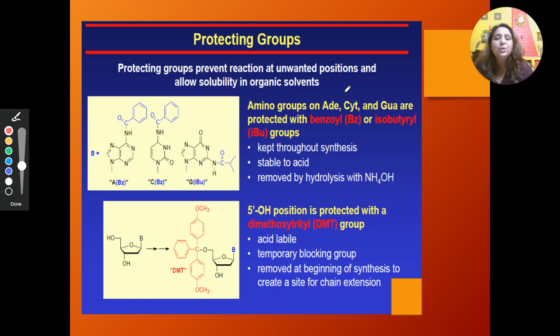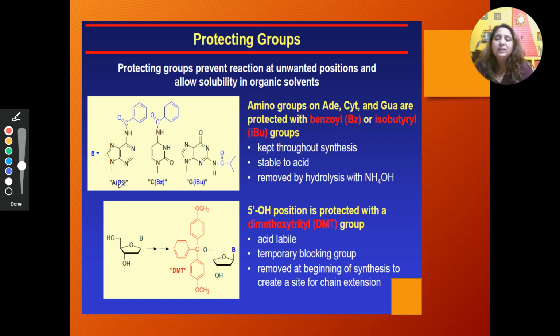For example, here you can see that in the case of adenine, cytosine, and guanine, amino groups are present. Adenine, cytosine, and guanine have amino groups, and these amino groups are very reactive in nature. So in order to prevent the chemical reactions of these amino groups, you can see that certain chemical groups are added to adenine, cytosine and guanine, such as BZ, that is benzoyl group, and isobutyryl, IBU groups.